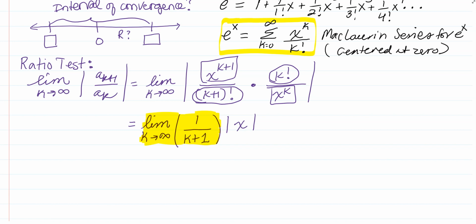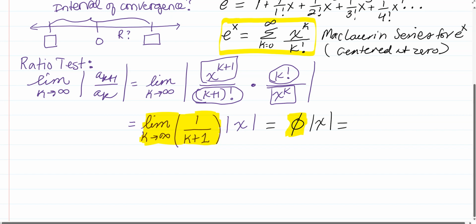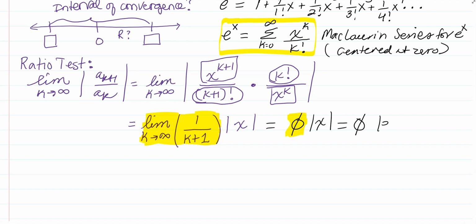So when this happens, we will have 0 multiplied by the absolute value of x, and 0 multiplied by the absolute value of x is always 0, right? No matter what x is. That is always 0 no matter what x is, and 0 is less than 1.